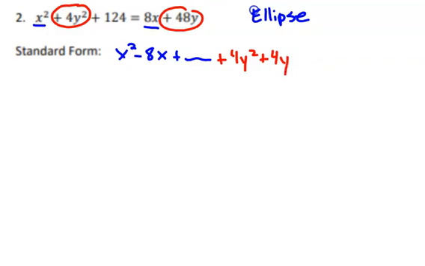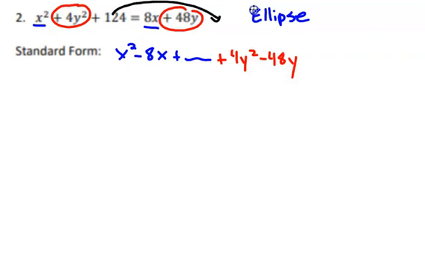I was probably a little premature with completing the square, but that's okay. This is 48y, and that positive 48 becomes minus 48 on the left side.